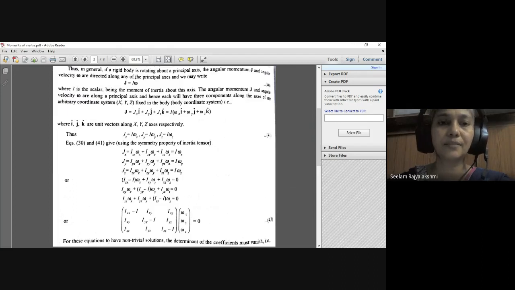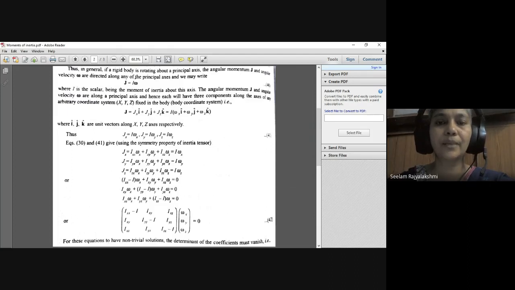That means J equals Jx i cap plus Jy j cap plus Jz k cap, which equals I into omega x i cap plus omega y j cap plus omega z k cap. Here J is nothing but Jx, Jy, Jz, and again J is nothing but I omega, so we are taking I as common.